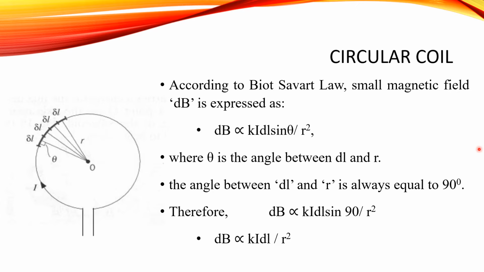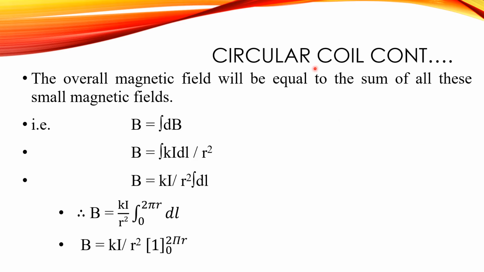We have considered only dB so far. The overall magnetic field, denoted by B, is equal to the sum of all these small magnetic fields, that is, B is equal to the integration of dB.